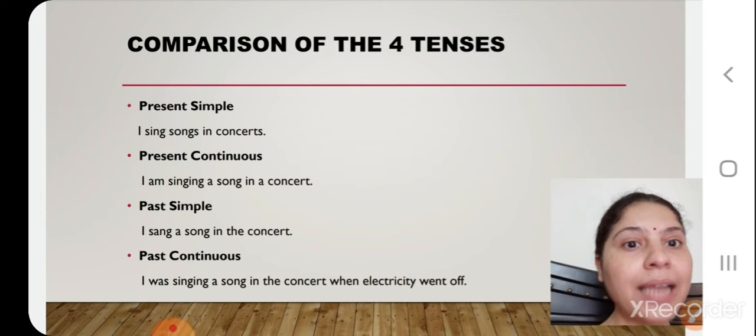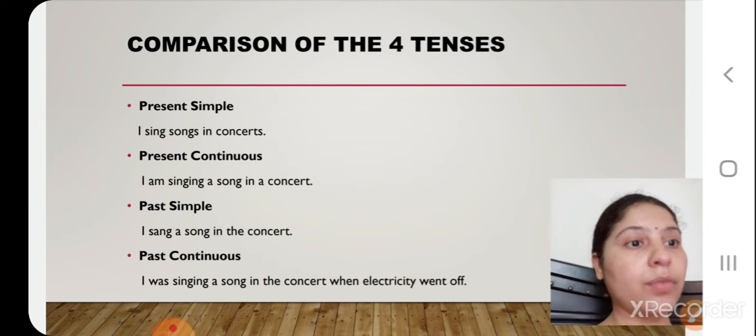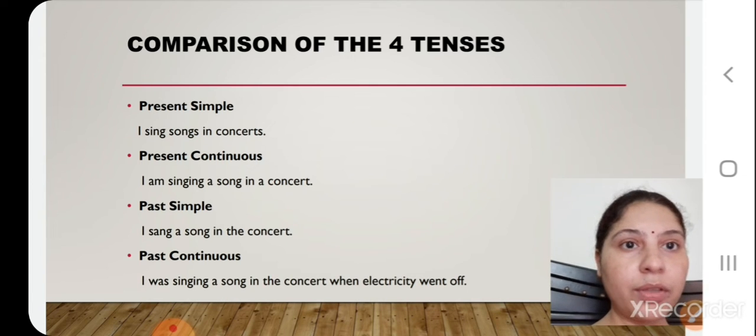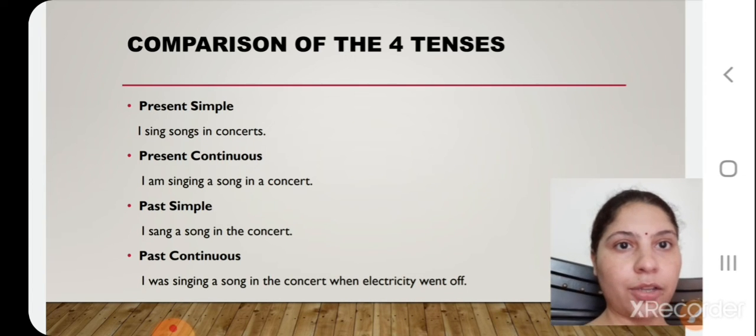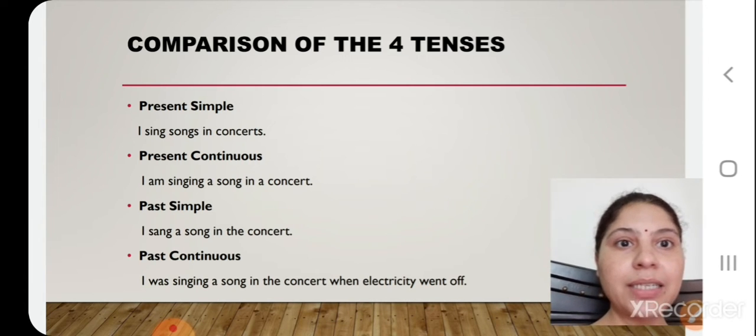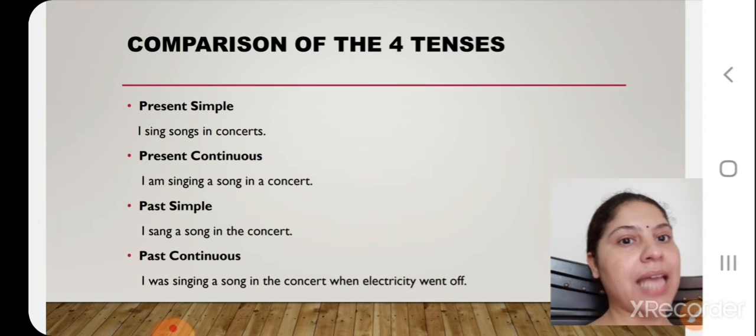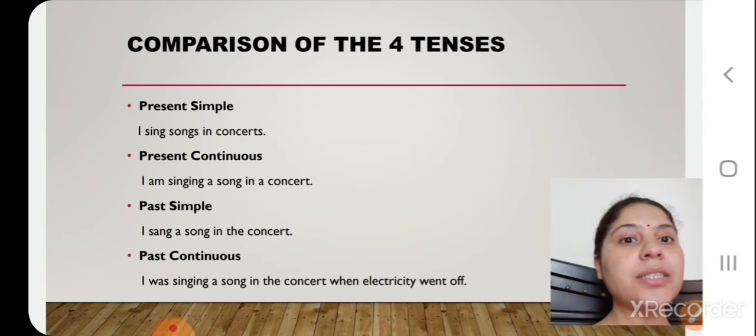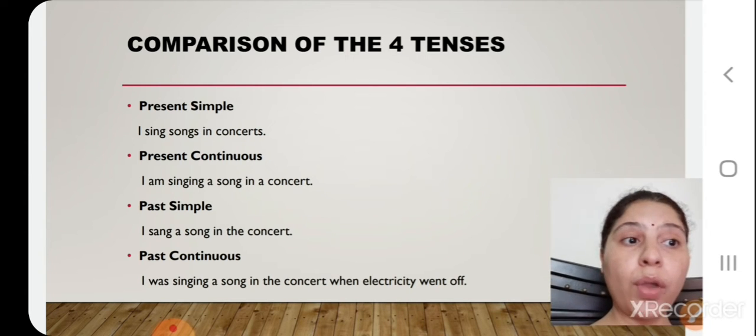And before that, the singing of a song was going on. So by now, I hope all the four tenses are clear in your mind. Simple present, it indicates a routine, a habit. Present continuous, something that is going on at present. Simple past, something that has happened in the past. Past continuous, something was going on in the past.